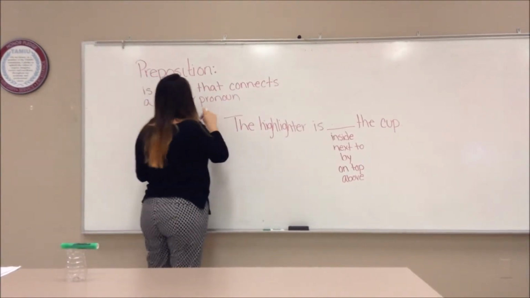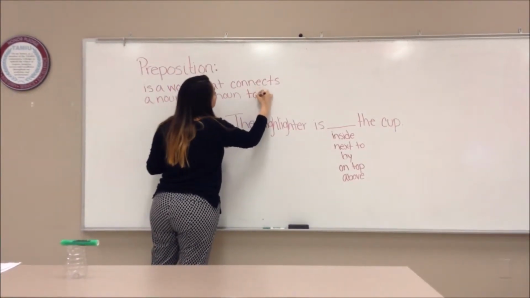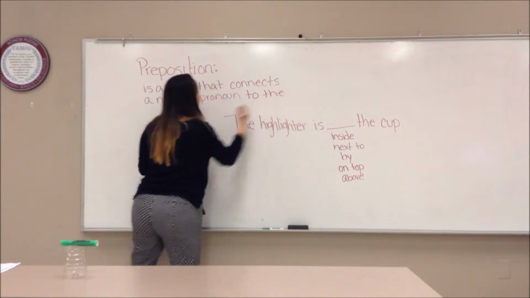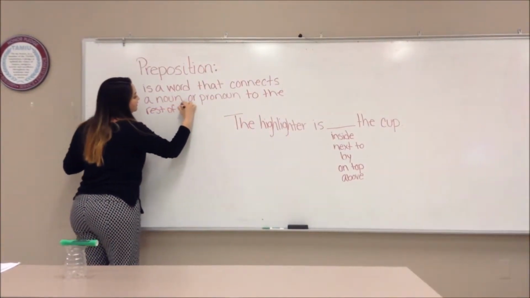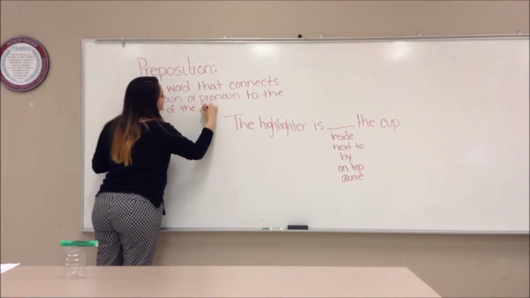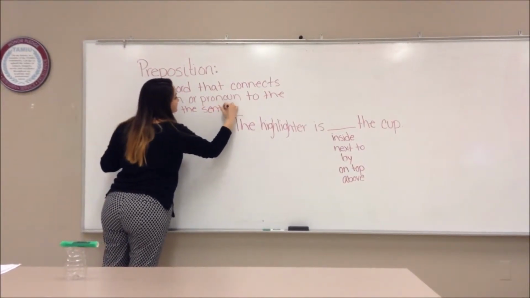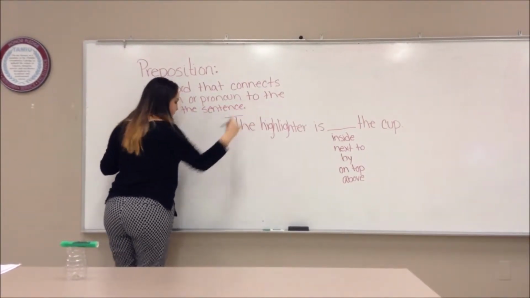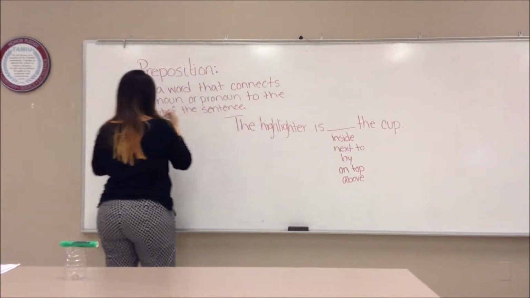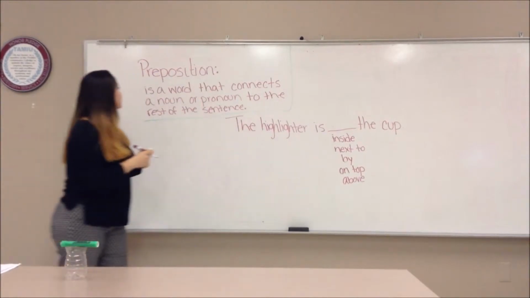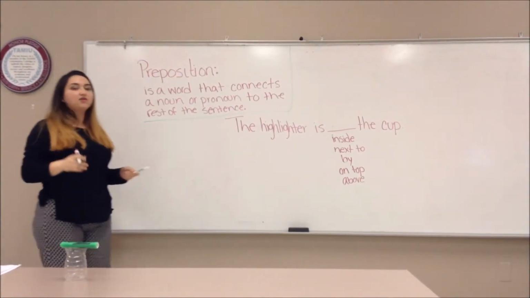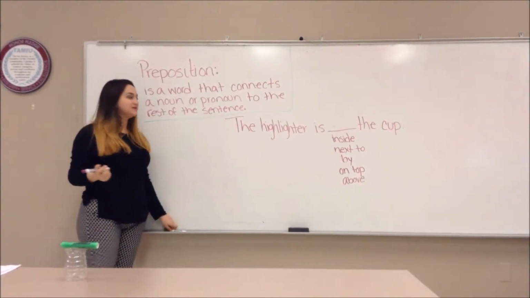Very good. Or pronoun to the rest of the sentence. Okay? So this is our definition. A preposition is a word that connects a noun or pronoun to the rest of the sentence.